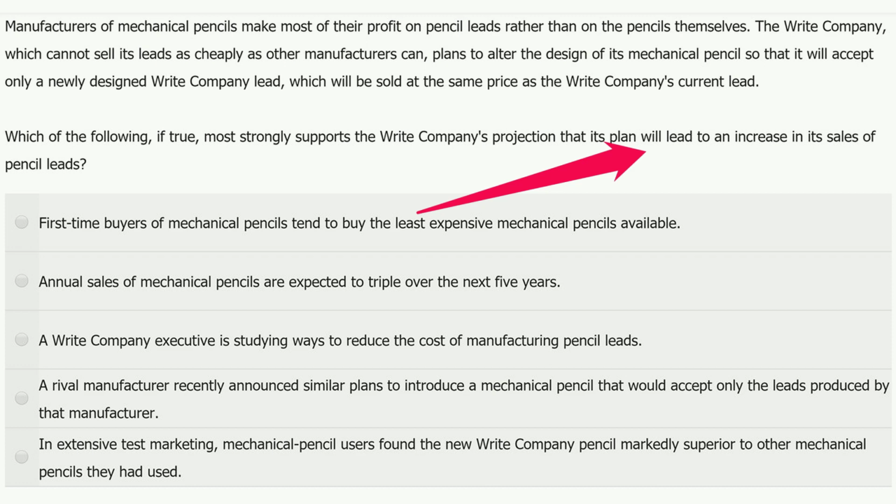The passage says, manufacturers of mechanical pencils make most of their profit on pencil leads rather than on the pencils themselves. The Wright company, which cannot sell its leads as cheaply as other manufacturers can, plans to alter the design of its mechanical pencil so that it will accept only a newly designed Wright company lead, which will be sold at the same price as the Wright company's current lead.